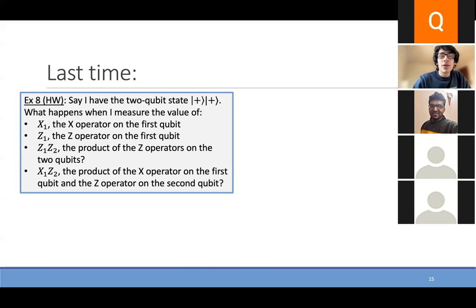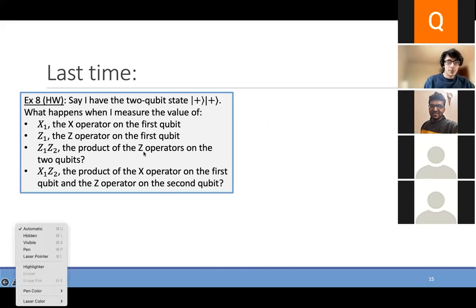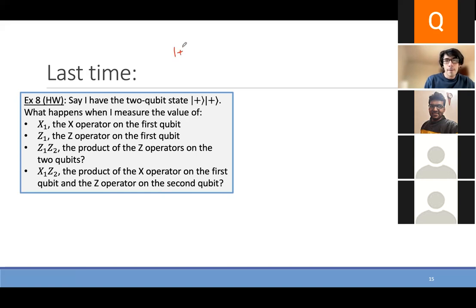In particular, let's say we have the state plus plus. And just as a reminder, when I say plus, I mean the state 1 over root 2, 0 plus 1. So if I have plus plus, this is the state where it's plus on the first qubit and plus on the second qubit.